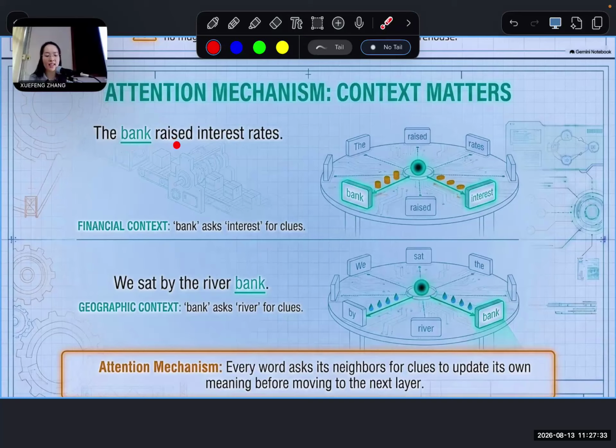The bank raised interest rates. In this case, bank looks around and pays attention to interest rates. So the neighbor gives away the financial context. If we sit by the riverbank, here, bank pays attention to river instead. That neighbor gives away the geographic context, okay? So that's why the surrounding context is very important.